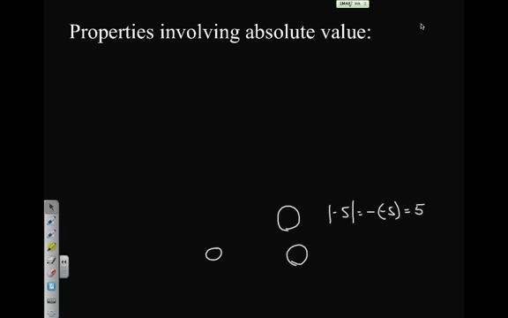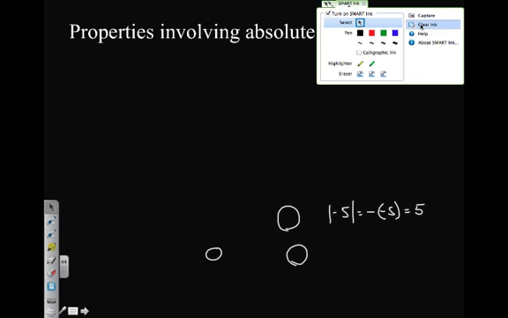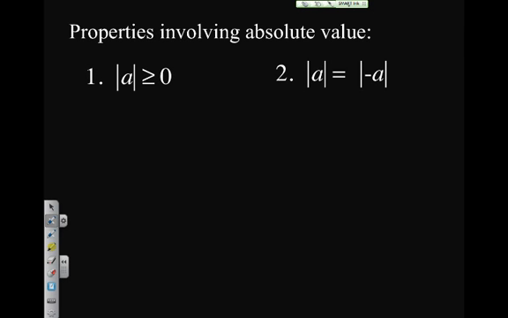A few properties as we talk about absolute values. The first one is the absolute value of a number is always greater than or equal to a. We know that the absolute value of a number is always equal to the absolute value of its opposite.